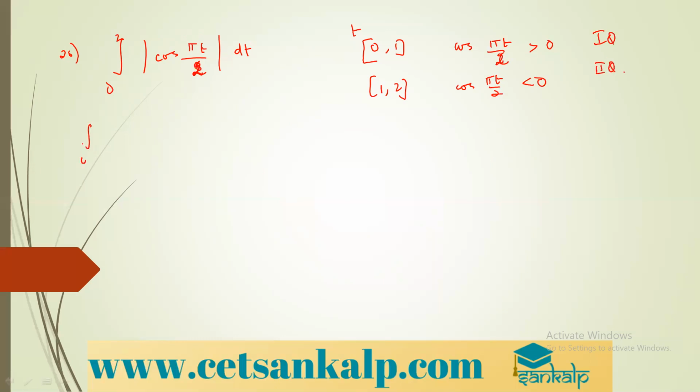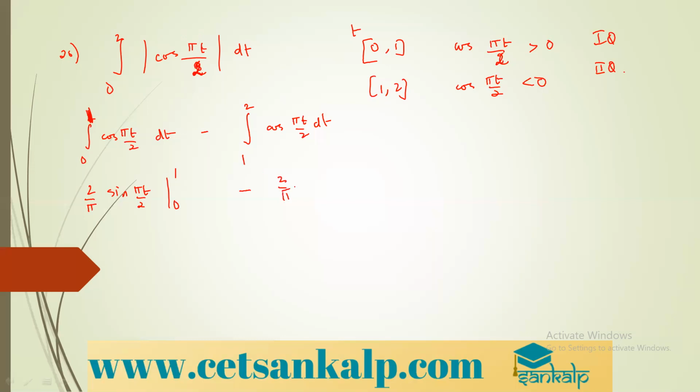So you can write 0 to 1 cos pi t by 2 dt minus 1 to 2 cos pi t by 2 dt. So when you take the integral, you will have sine pi t by 2 into 2 by pi. Put the boundary 0 to 1.